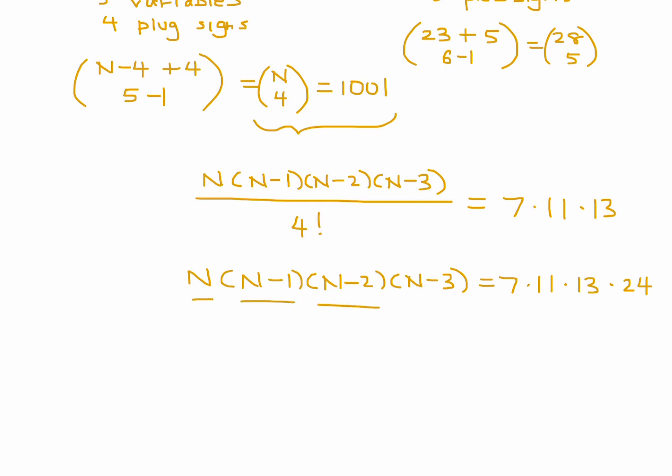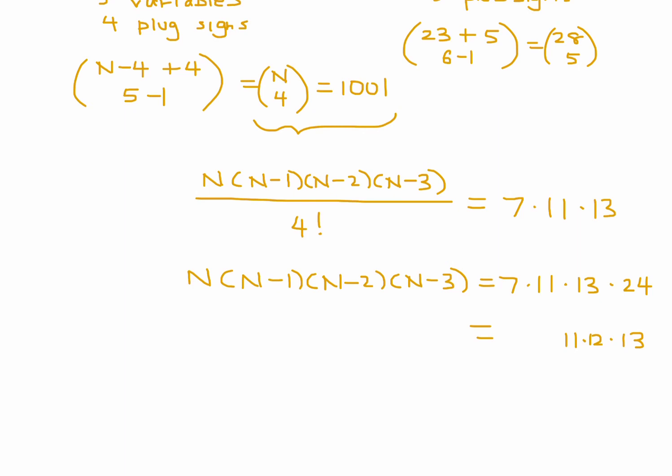Okay, so I hope you can see that that's 4 consecutive numbers. So 4 consecutive numbers equal this. Well, some of these are already factored, so let's see if I can get this in 4 consecutive numbers. Well, the 11 and 13 is close to being consecutive. I need a 12 in there. I can get that 12 from there.